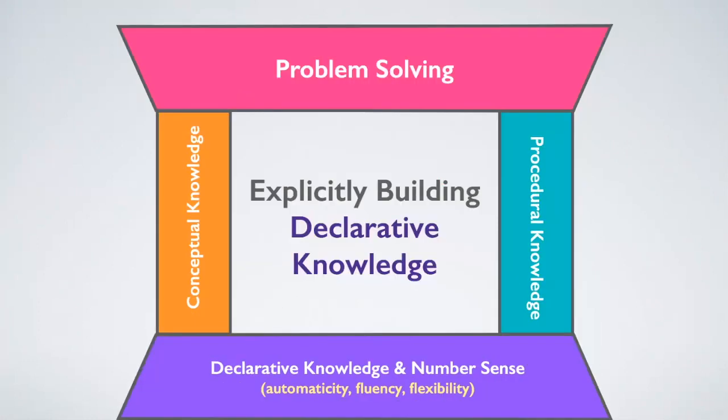Again, the base of our domain structure includes both number sense and declarative knowledge. Some students turn conceptual and procedural knowledge into declarative knowledge naturally, while some students may need more explicit practice and review. We are going to discuss some suggestions and considerations for helping explicitly build declarative knowledge.